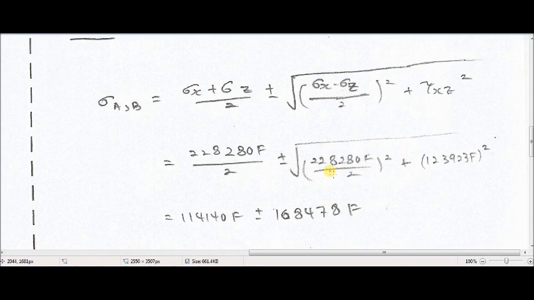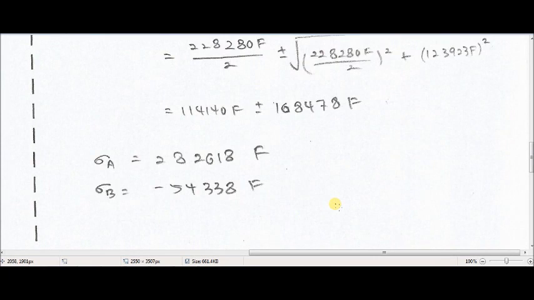Here I can use Mohr's circle to find the two principal stresses. As you can see, one of the principal stresses is positive, another one is negative. That means we have the second case.